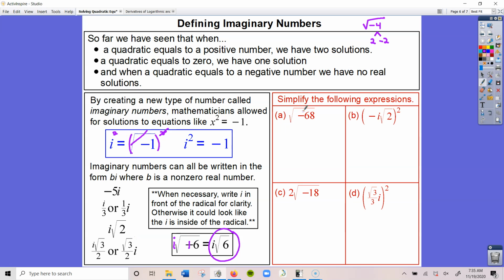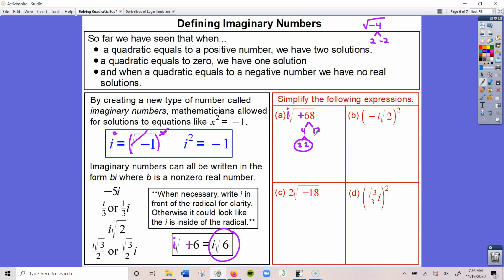So if we're going to simplify some of these square roots, if I have the square root of -68 and I want to simplify this using the imaginary unit, I would make this positive and take out the i. And then we're going to try to break this down. 68 is 4 times 17, and 4 can be broken down to 2 and 2.